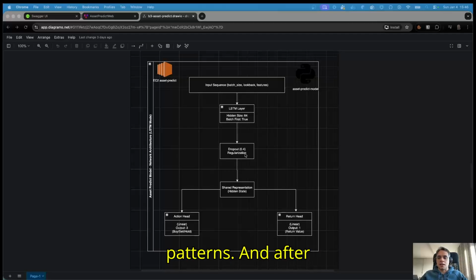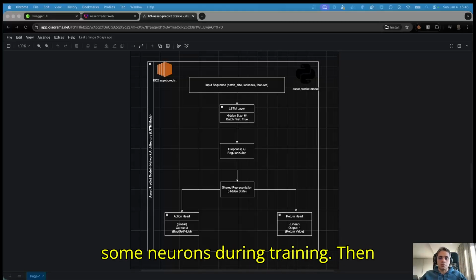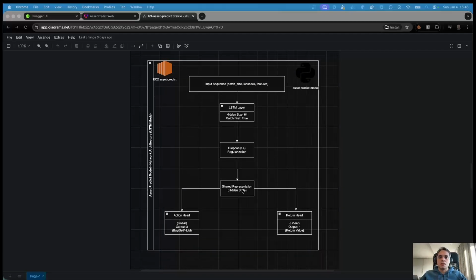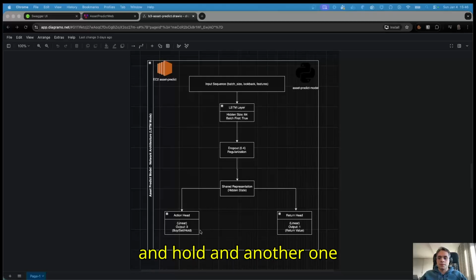And after the LSTM, we apply a dropout with a rate of 0.4, and this helps prevent overfitting by randomly turning off some neurons during training. Then we have two heads of representation, one for classification that outputs buy, sell, and hold, and another one for regression that outputs the price return.